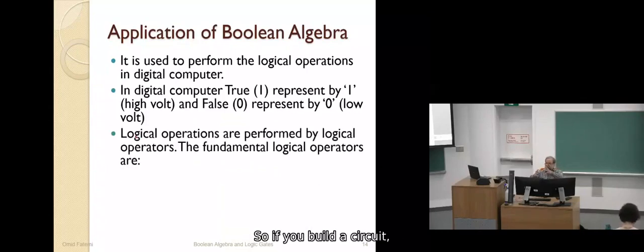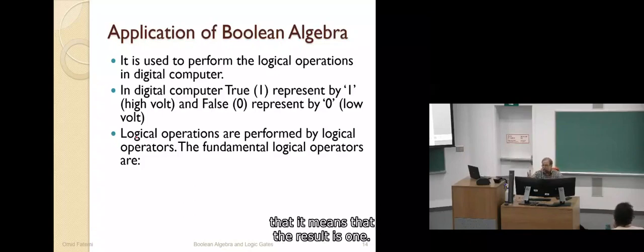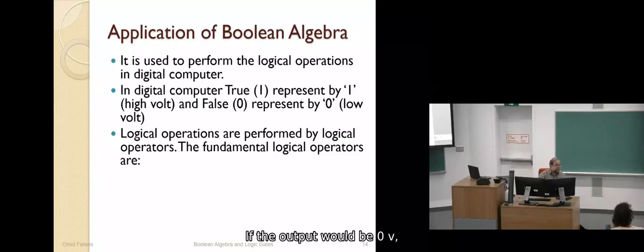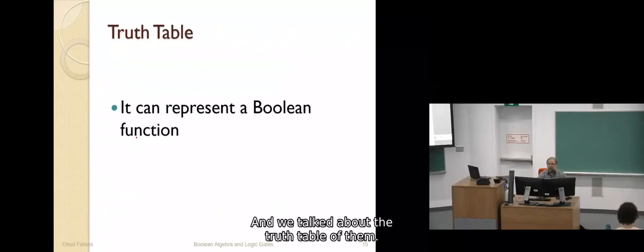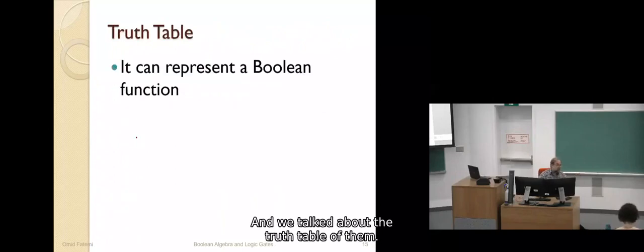So if you build a circuit and the output of a design is, let's say, 5 volts, then it means that the result is 1. If the output is 0 volts, then it means that the result is 0. The fundamental logic operators are and, or, and not, and we talked about the truth table of them.